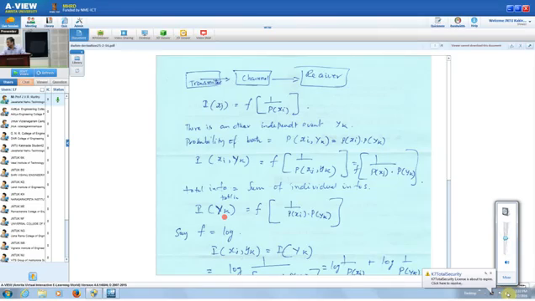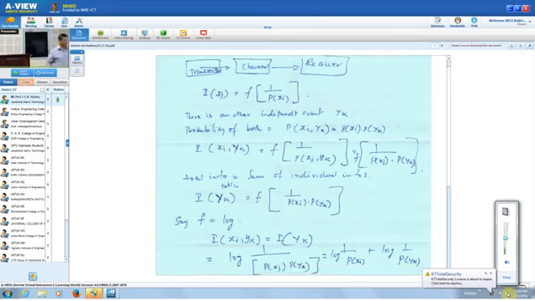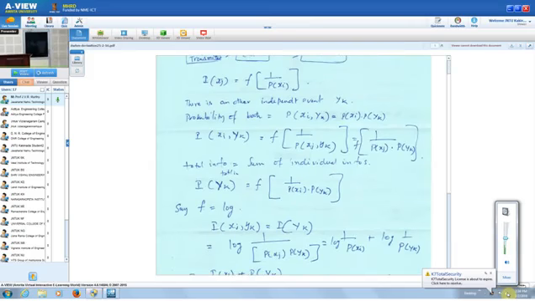That is obvious, because one message has some information and the other message has some other information. So the total information you get is the sum of the informations of these two. No dispute on that. So your I of yk is f of this thing. Now your I of xi yk is equal to I of xi plus I of yk. Before I show this, one step is being omitted.